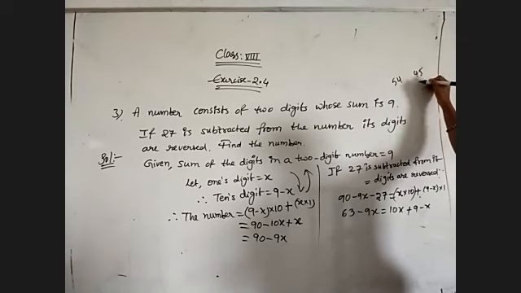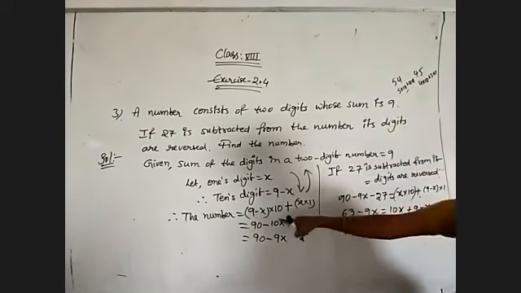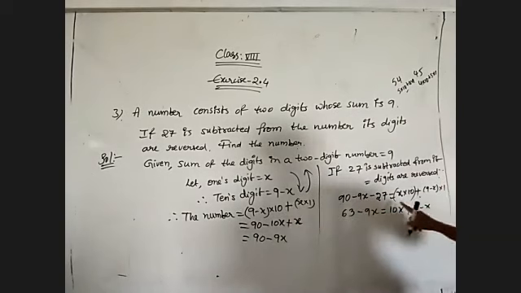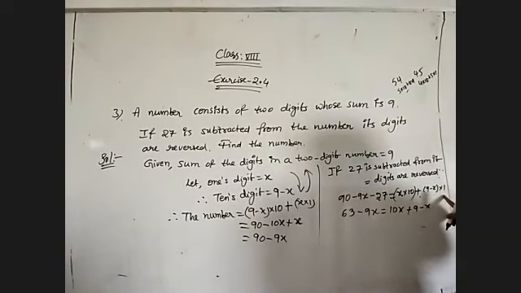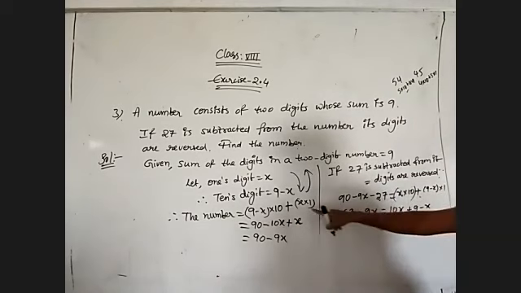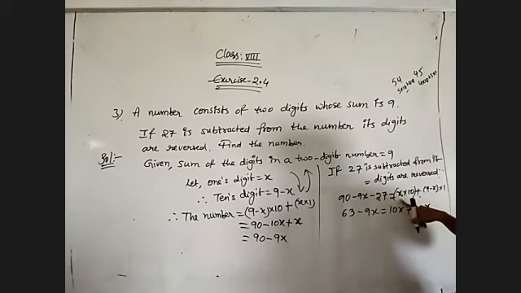That means its expanded form is 4 into 10 plus 5 into 1. Before that, what we did? 5 into 10 plus 4 into 1. So instead of 9 minus x into 10, x into 10, and x into 1 will be 9 minus x into 1. Reversed: x will become 9 minus x and 9 minus x will become x.